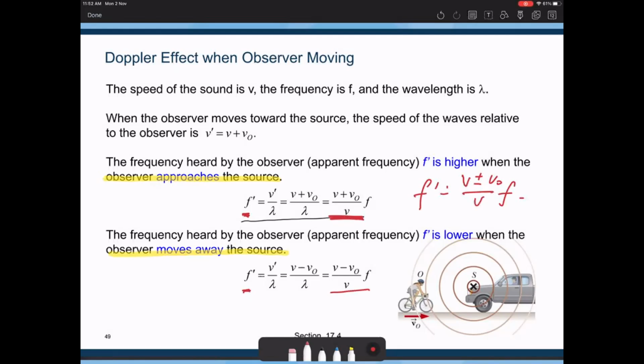The minus sign is used when the observer is moving away from the source. So we have altogether 4 scenarios, 2 for observer moving, 2 for source moving.